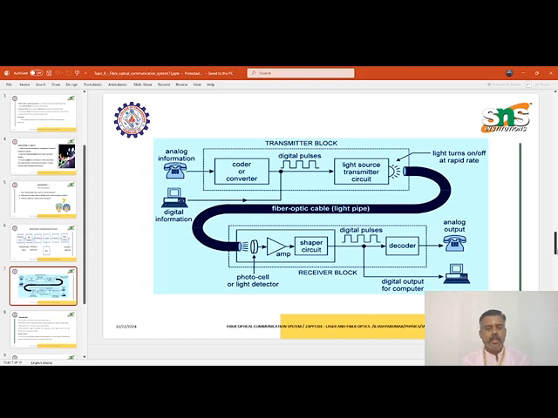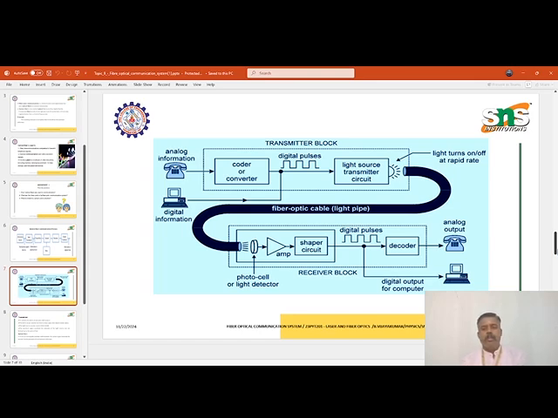The receiving signal first goes to the photocell, which detects the light signal, and then it is given to an amplifier. The amplifier amplifies the signal, then it is given to a shaper circuit. The shaper circuit only accepts a particular frequency range.